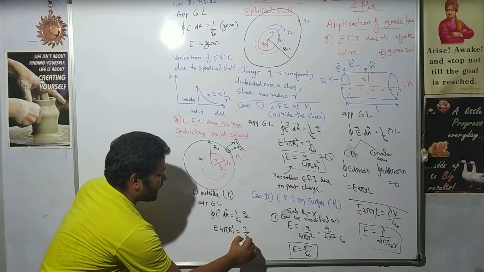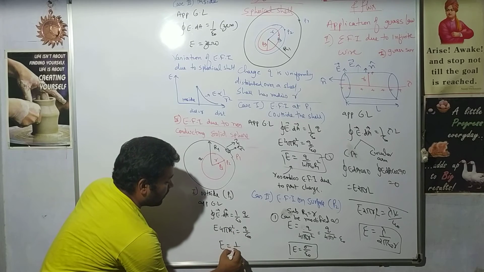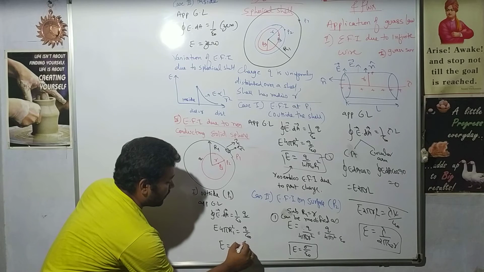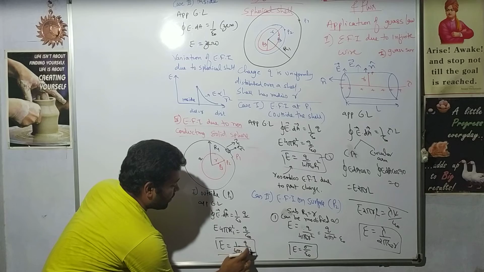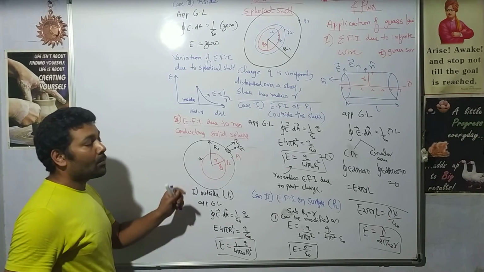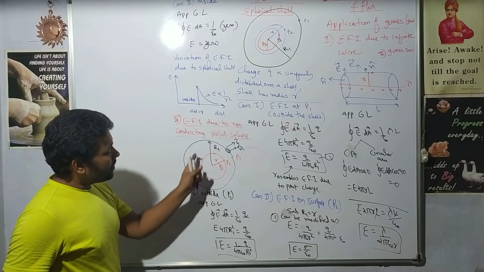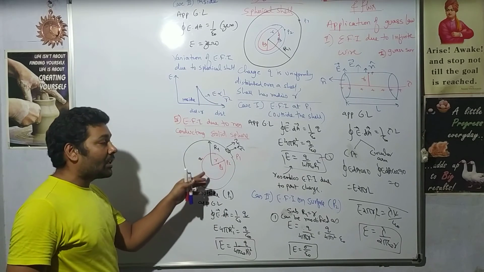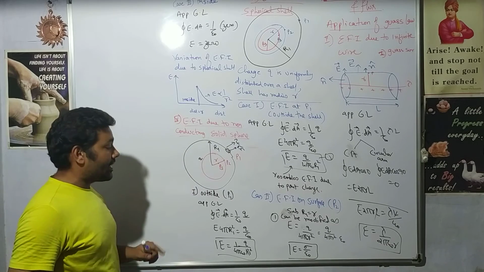So that is Q by epsilon naught. So the electric field will be 1 upon 4 pi epsilon naught Q by R1 square. So this again resembles the electric field intensity due to a point charge. So it is just like a shell. This solid sphere will also behave like a point charge if you calculate the electric field intensity outside.